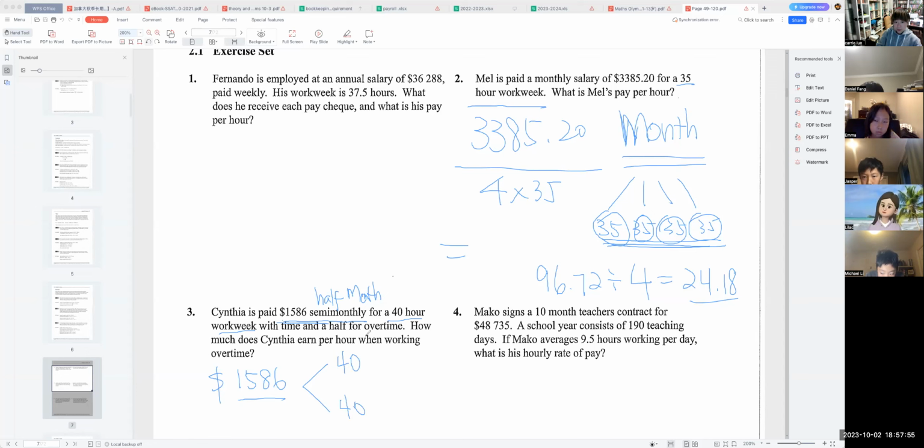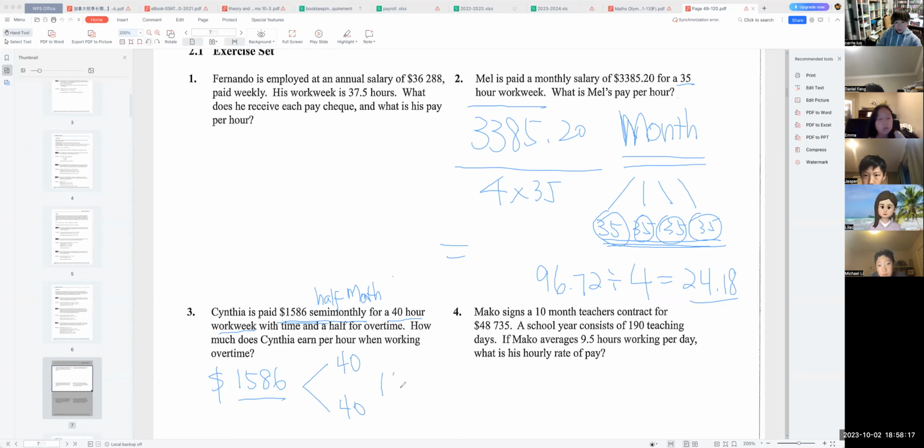Okay, so with the time and a half for overtime, how much does Cynthia earn per hour when working overtime? So this one is what?